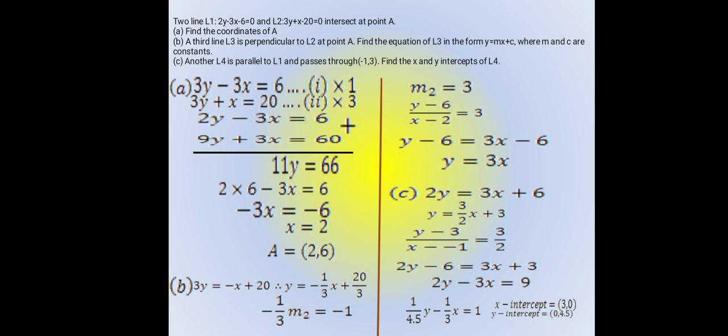So this means that the y-intercept is at the point 4.5. At this point x is 0. The x-intercept is at the point 3. At this point y is 0. So the x-intercept is (3, 0). The y-intercept is (0, 4.5).